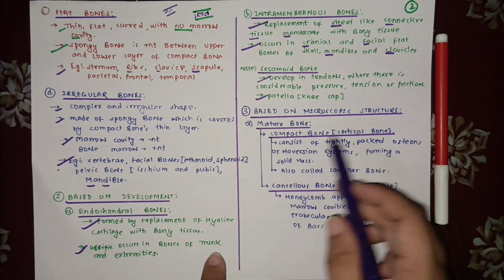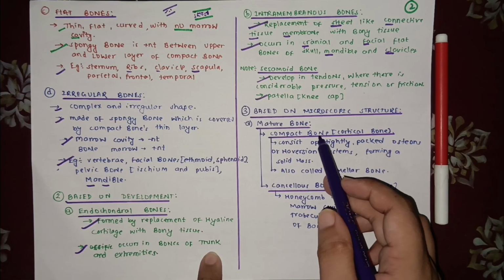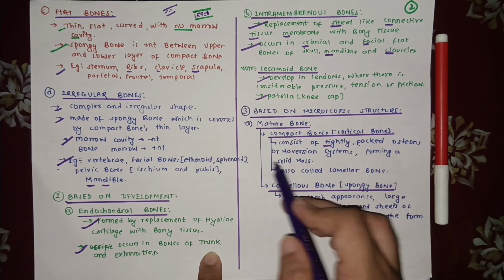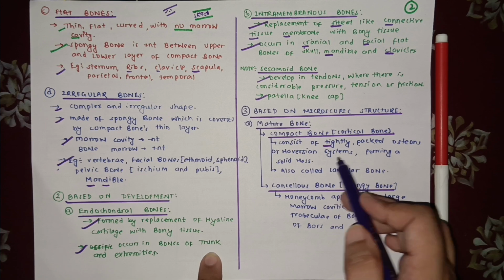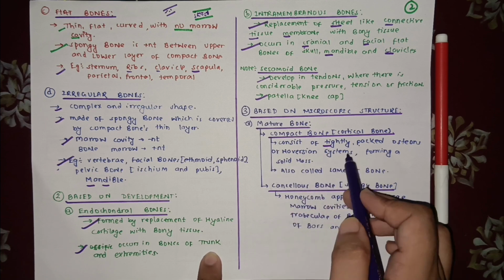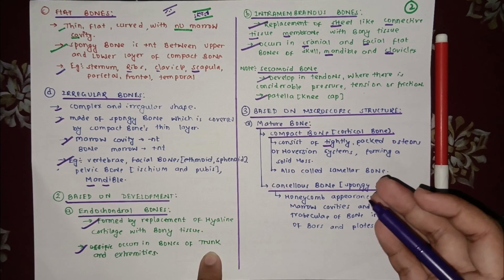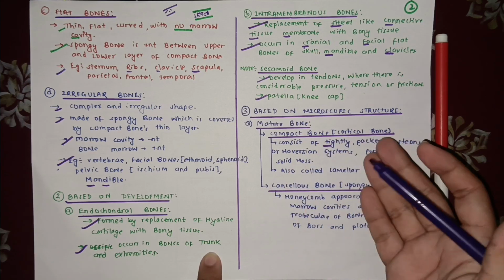In the mature bone, we have compact bone first, or the cortical bone. It consists of tightly packed osteons or the Haversian system, and I think you are familiar with the osteon or Haversian system. This is taught mostly in general anatomy.